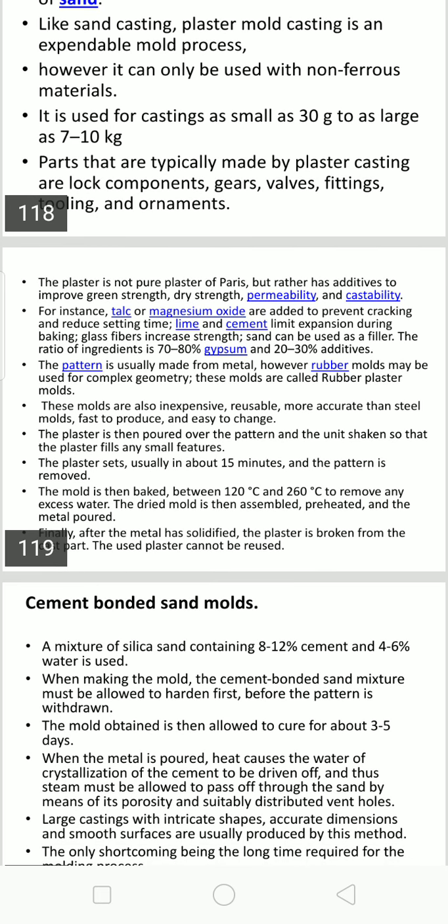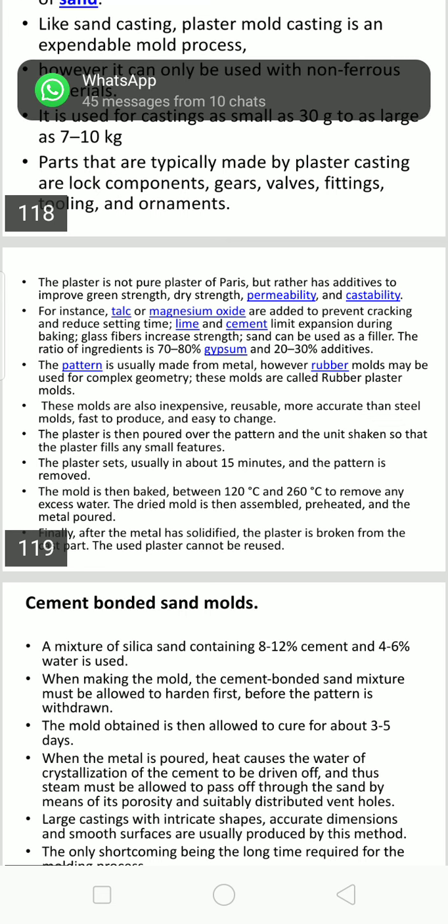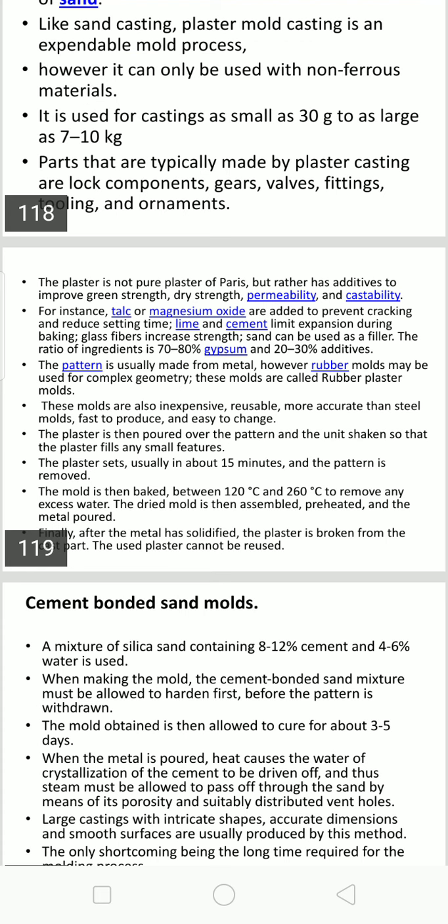The plaster is then poured over the pattern and shaken so that the plaster of Paris fills any small features. It is available in slurry form. The pattern kept in a mold box is poured with plaster of Paris or gypsum and shaken. Due to shaking, it moves into the complex areas or interior of the pattern and fills them up.